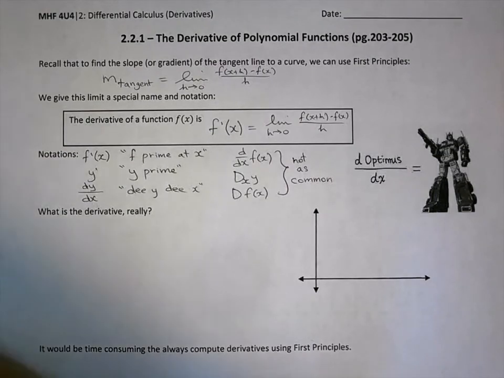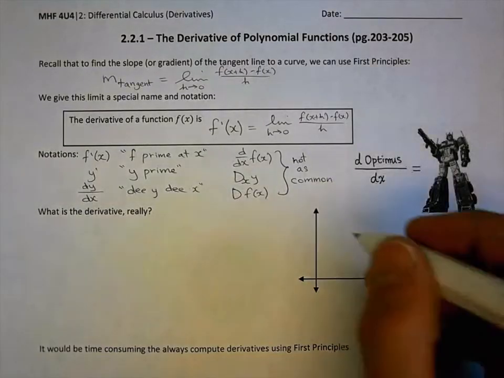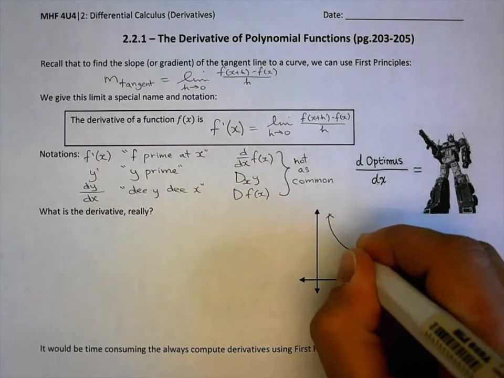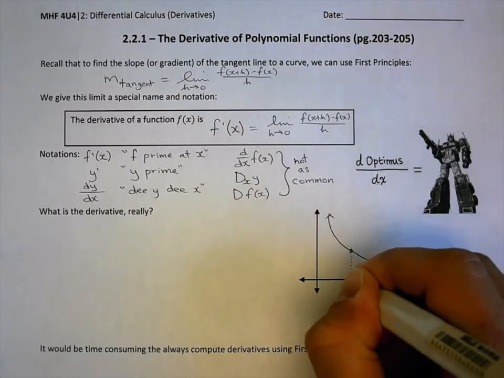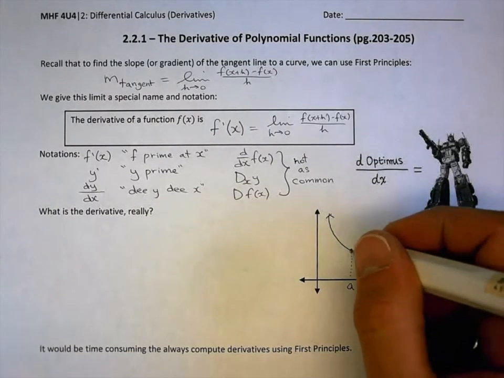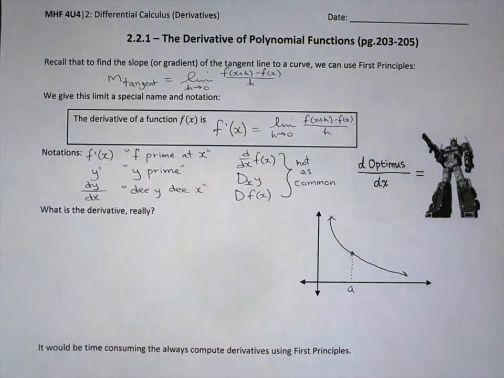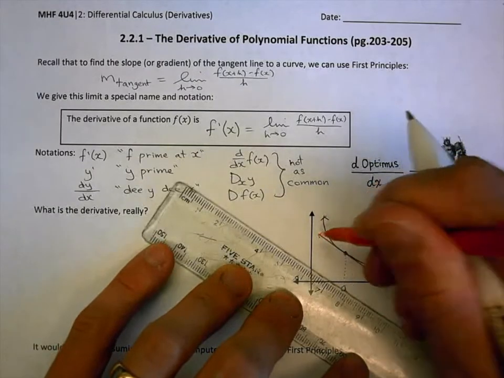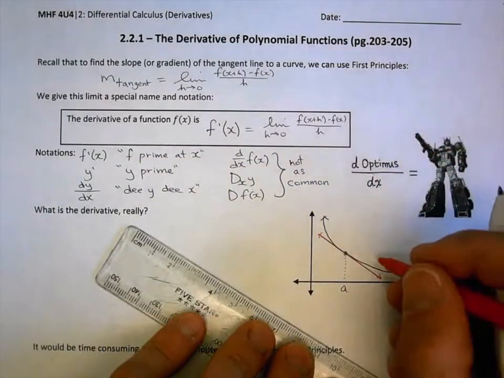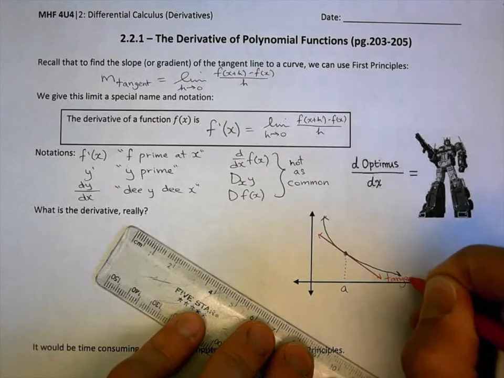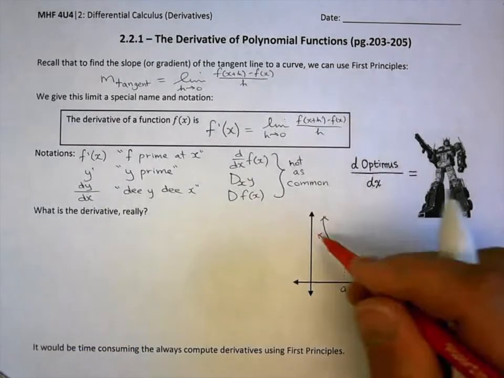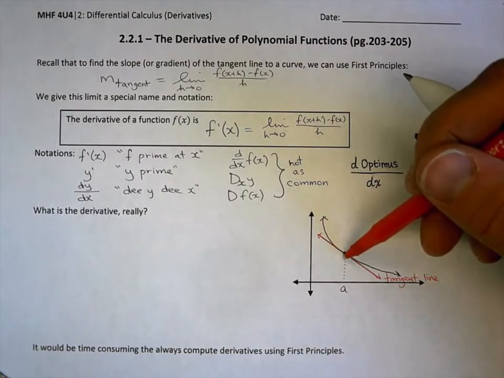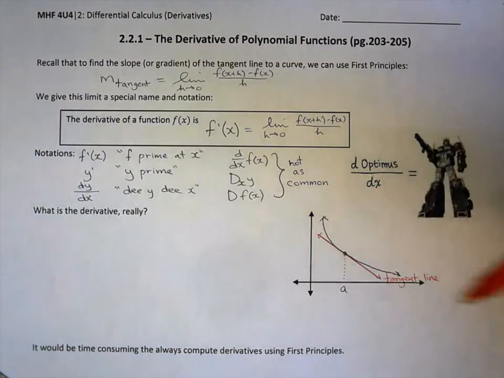Okay, so what is the derivative really? Remember from that previous lesson, if I have any curve and I want to find the slope at a certain x value, I would draw a tangent line. The slope of that tangent line is the slope at that instantaneous point. So instead of saying slope of the tangent line, we're just going to say derivative.